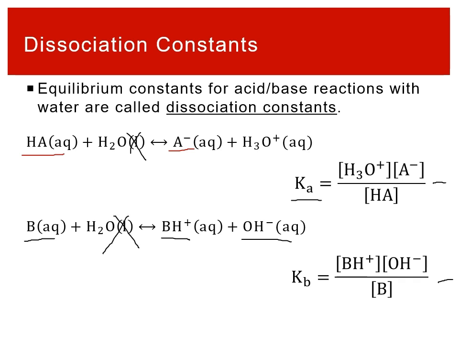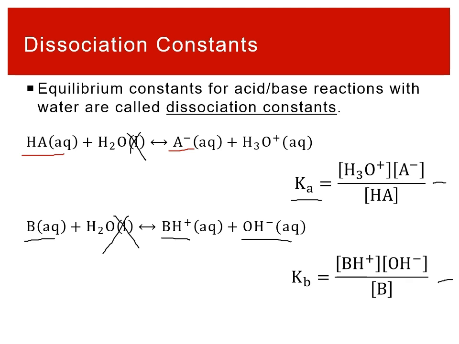The water, again, doesn't show up, but everything else that is dissolved in water does show up in the expression. So we can talk about the Ka reaction for anything that can be an acid, and it will always have this form, this reaction of the acid with water to produce hydronium. Kb is the reaction of the base to produce hydroxide.